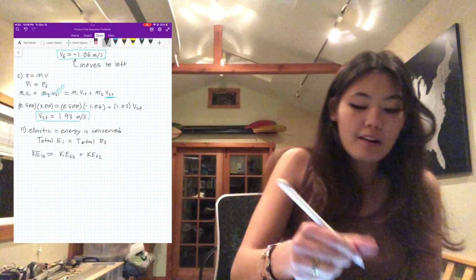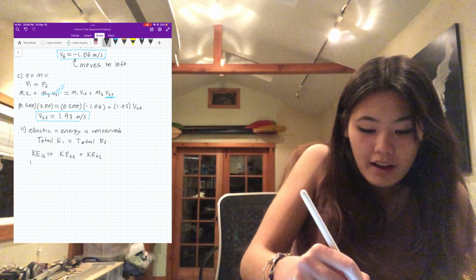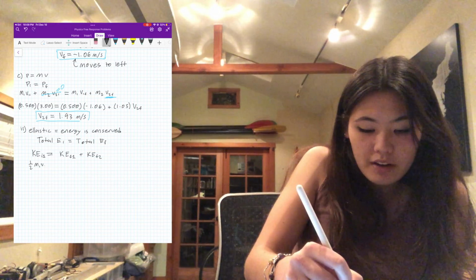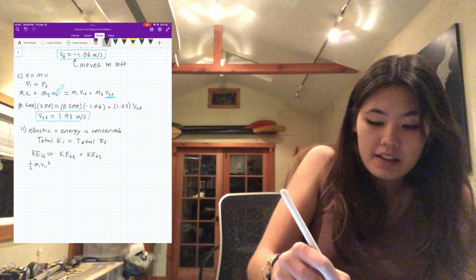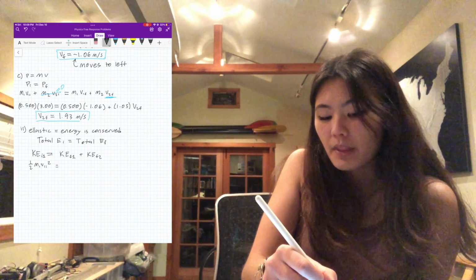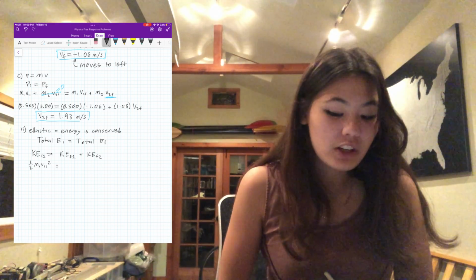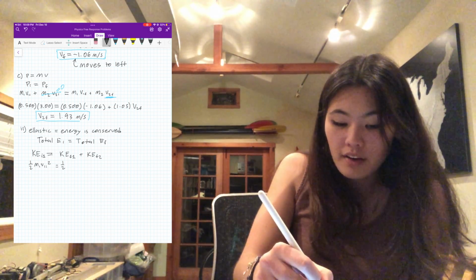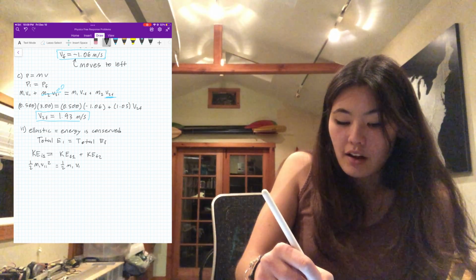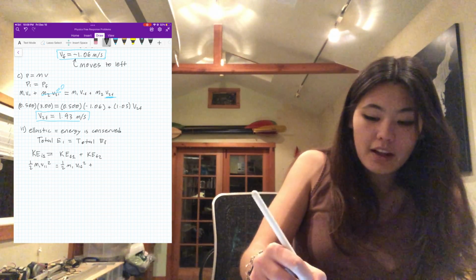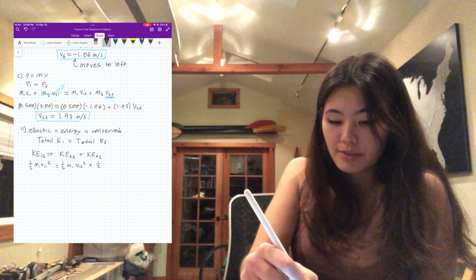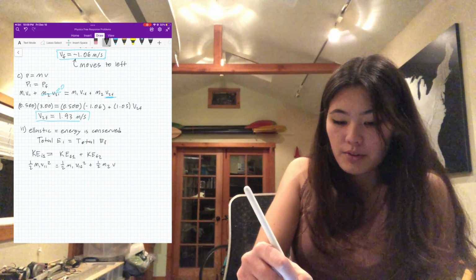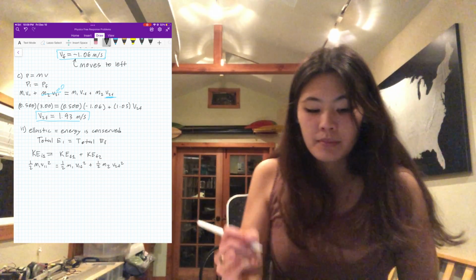So then we can write this as 1/2 m1 v1 initial squared is equal to the kinetic energy of cart 1 after the collision, 1/2 m1 v1 final squared, plus the kinetic energy of cart 2 after the collision, which is given as 1/2 m2 v2 final squared.